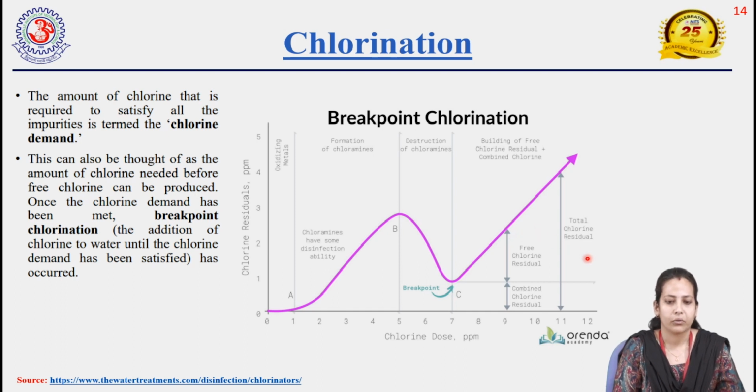This can also be thought of as the amount of chlorine needed before free chlorine can be produced. Once the chlorine demand has been met, the breakpoint chlorination has occurred. After this, there will be no more changes in the water or removal of bacteria. So this is called breakpoint chlorination.